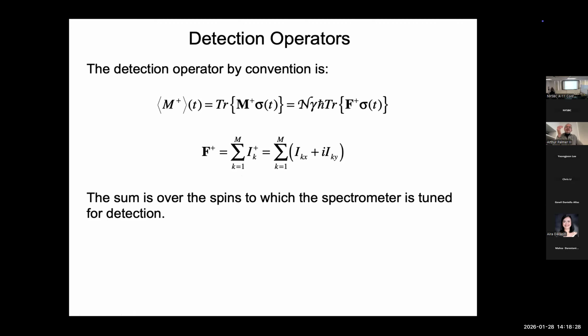Generally, the receiver is tuned to only one nucleus. Modern consoles, that's not true. You can detect two different nuclei at once, but I don't think anyone's thought up a really useful experiment yet for that. So this sum would usually be restricted to the different types of a given nucleus. So methyls and amides and aromatic hydrogens, for example. Although in principle, it could be hydrogens and nitrogens or carbons on a modern machine.